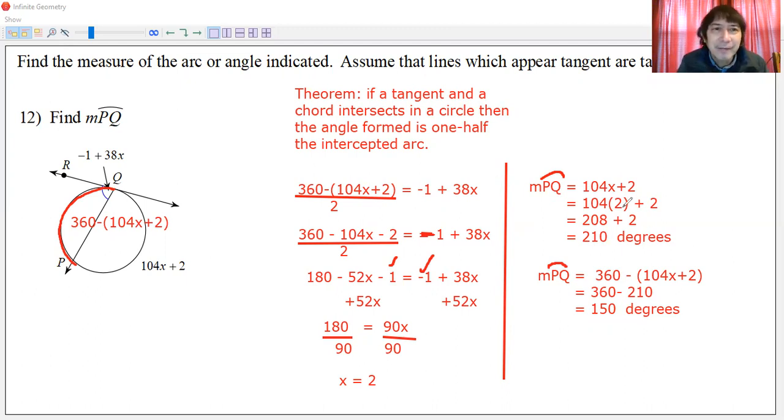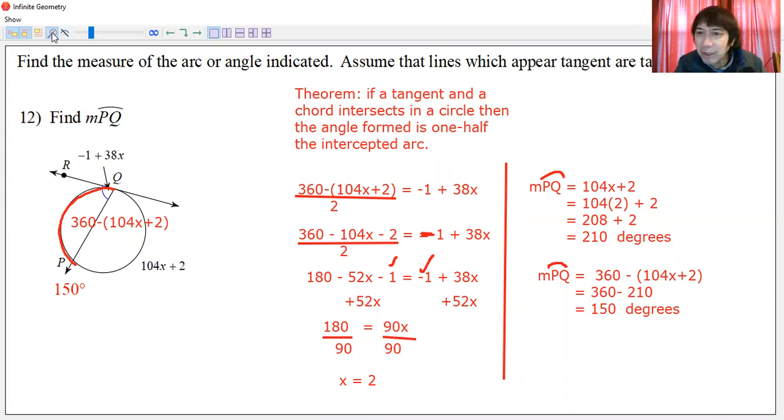There's only one PQ for the answer, but it's either 210 degrees or 150 degrees, of which the total is one full circle, 360. Let's check and verify.